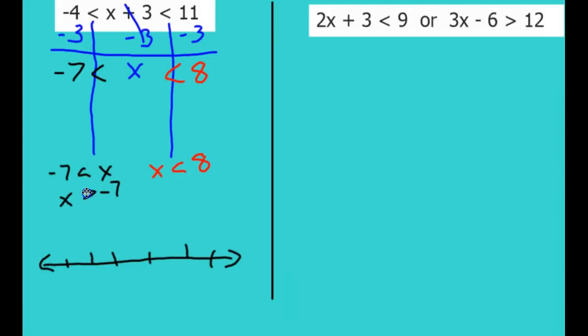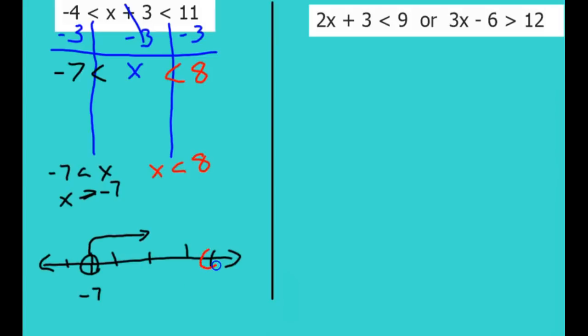Okay, so we have x is greater than -7, so our -7 is going to come over here. It's going to be an open circle because it's greater than, not greater than or equal to. So -7 with our arrow pointing to the right. And x is less than 8.